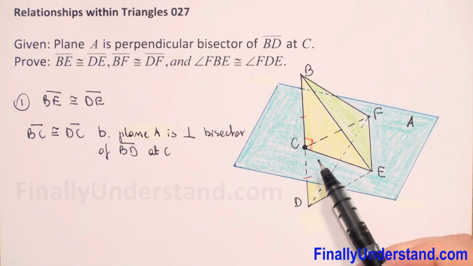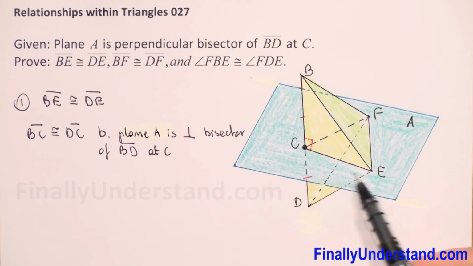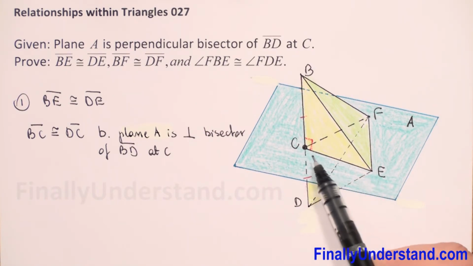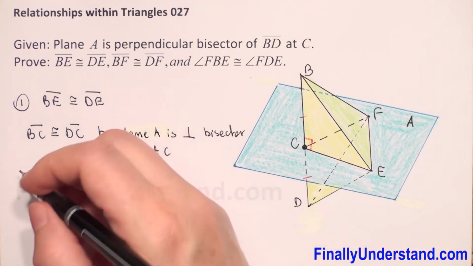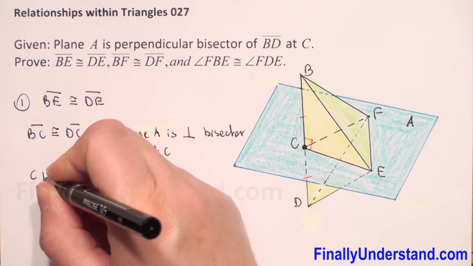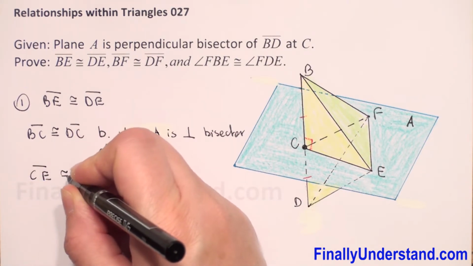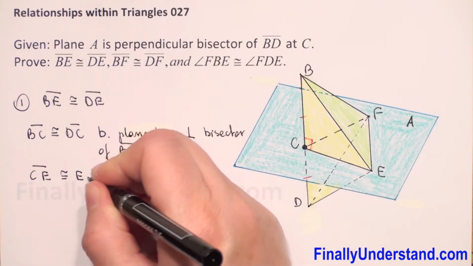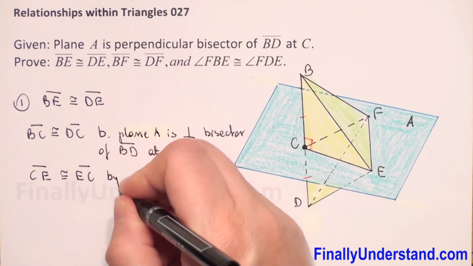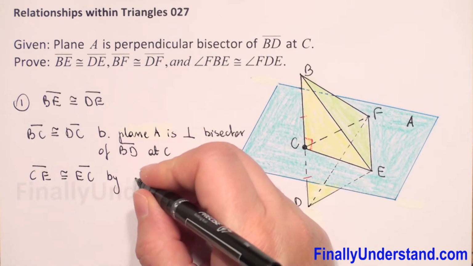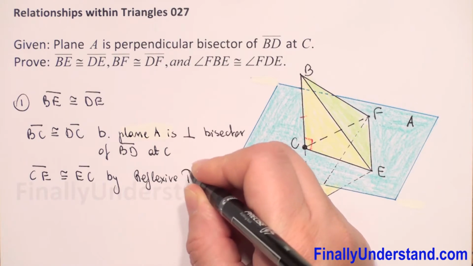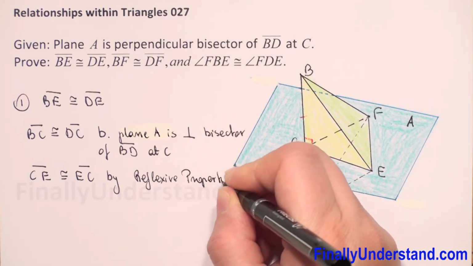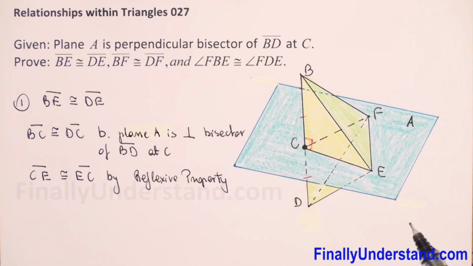Next, we can write that segment CE is congruent to segment EC by reflexive property. What else?